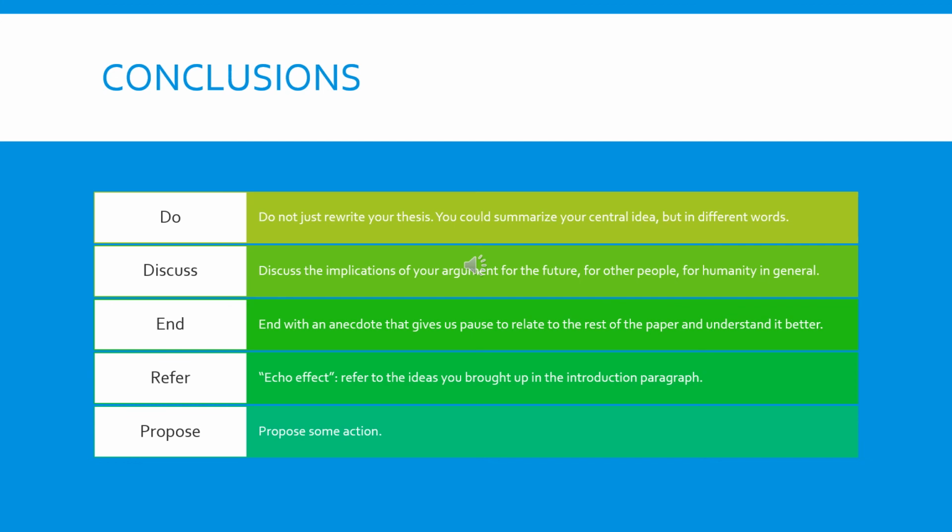That is, you're echoing back to things that you've already written about. And then finally, you could propose some action. That one more applies, I think, to an argument paper where you propose what we should do about the topic or the subject of the argument that you've made. So the first 4 are more common for writing an analysis paper like you're doing.